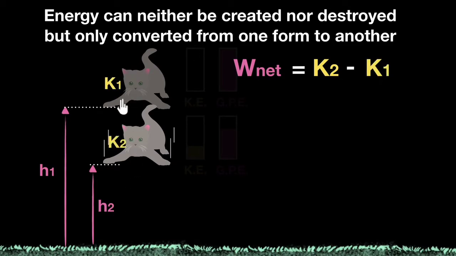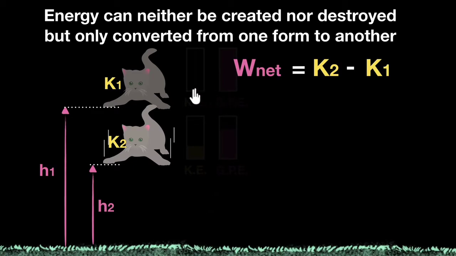Of course, in our example K1 is 0, but let's just call it K1. And what is this equation saying? This equation is basically saying that the total work done on a body represents how much kinetic energy gets added to it or removed from it, okay? We've talked a lot about this equation in a previous video called work energy theorem, so if you need more clarity, it's a great idea to go back and watch that.